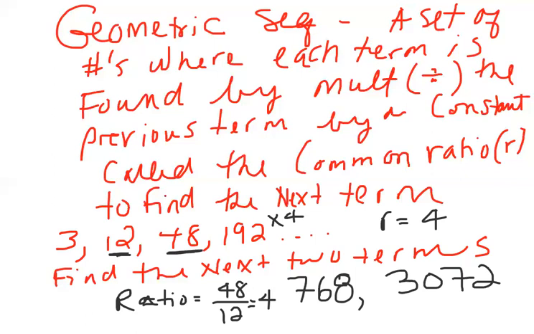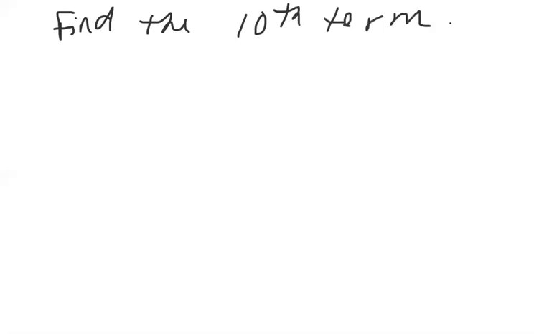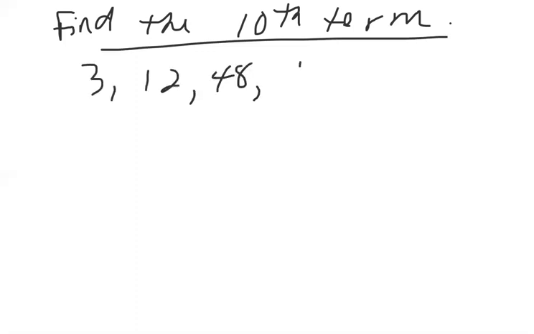All right, so now, just like with the arithmetic sequences, we're going to go ahead and find a specific term. We're going to find the 10th term. Now, this one is a large sequence, guys, I mean large numbers, okay? So you're going to end up with a very large number for this one. So remember, the sequence is 3, 12, 48, 192, and they want you to find the 10th term.